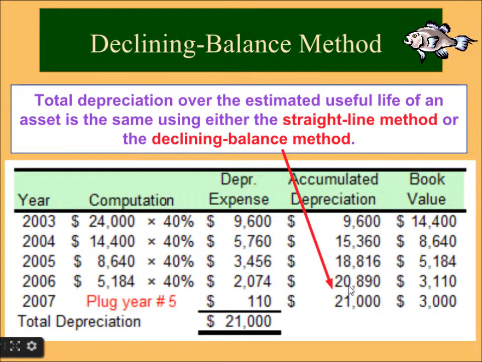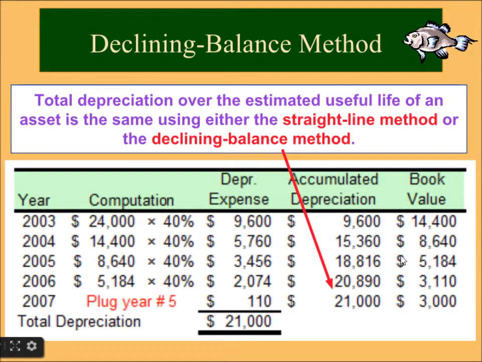Similarly for 2005, we'll use the remaining book value of 8,640 here and then multiply it with the accelerated depreciation rate of 40%. We'll get the depreciation expense for this year, and then to calculate the accumulated depreciation, we'll just add the previous year's accumulated depreciation to the new value.